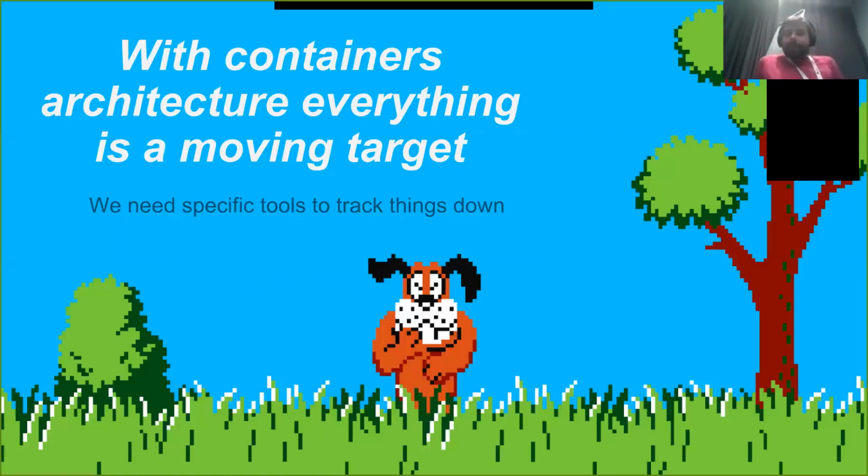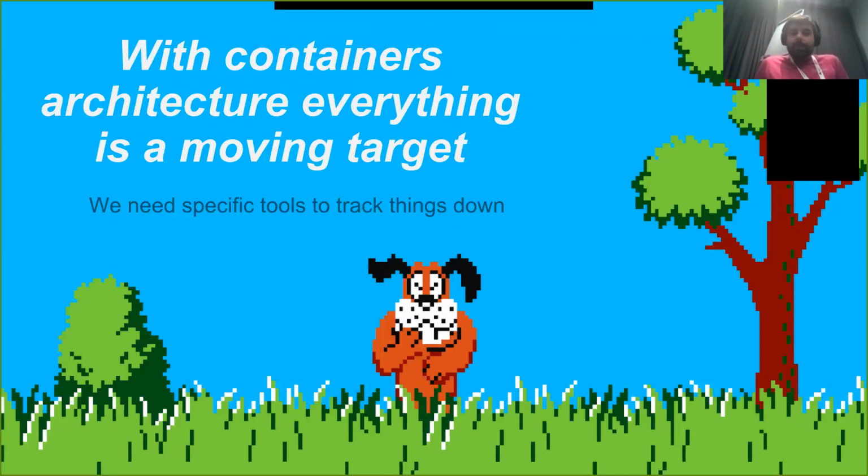And what's the deal with containers? Why are they so different when you are talking about monitoring and logging? So the thing with containers is that when you are using them, the architecture becomes like a moving target. Everything is coming and going.